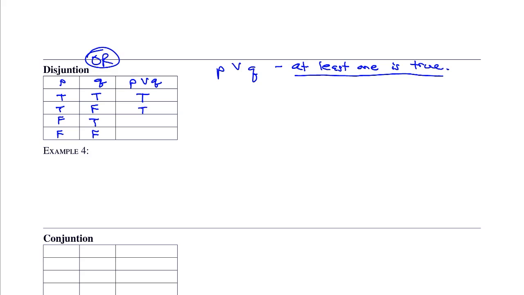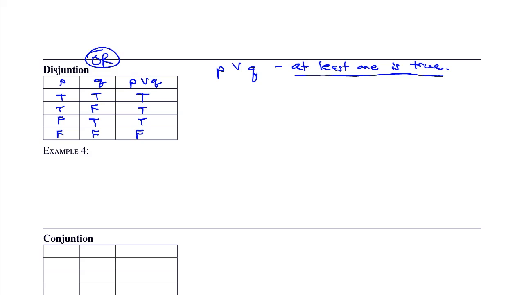P is false and Q is true. That would be true. And then if they're both false, then what is the result? The proposition is false. P or Q is also false. So the only way that P or Q could be false is if both the propositions start off as false. That's it.